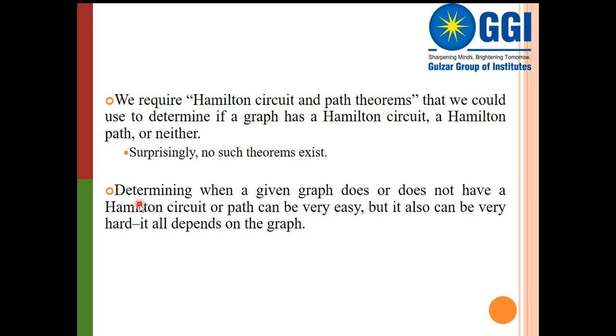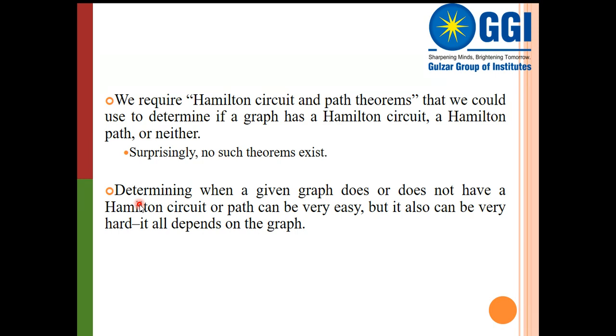In the case of Eulerian path and Eulerian circuit, we have a theorem which says if in a graph all the vertices are of even degree, then that graph has an Eulerian circuit, and if there are only two vertices of odd degree, then there will be an Eulerian path.